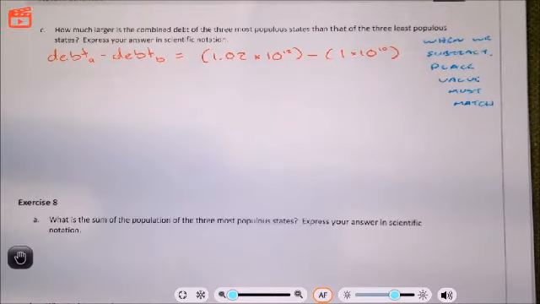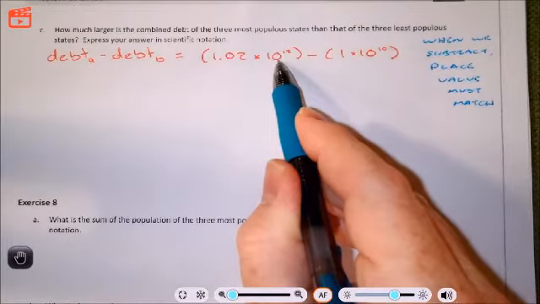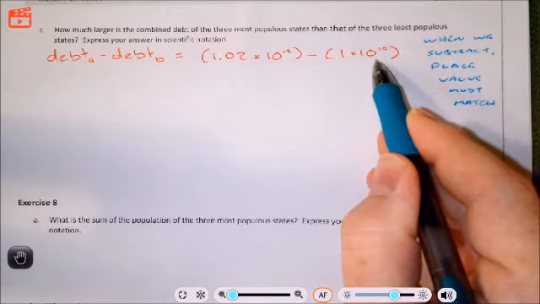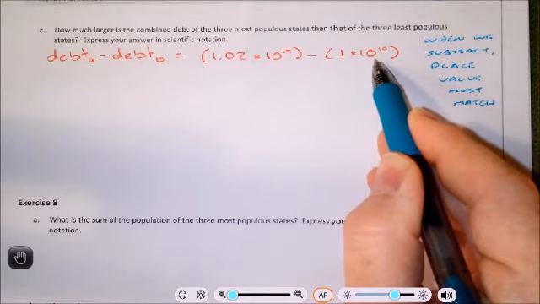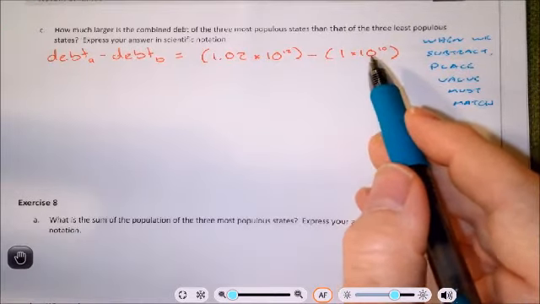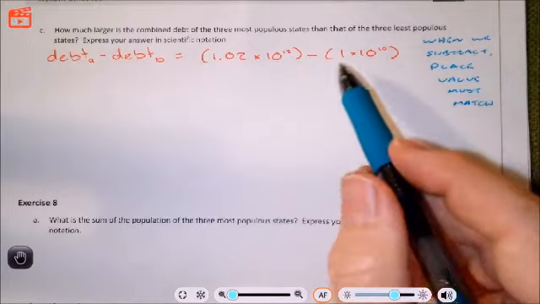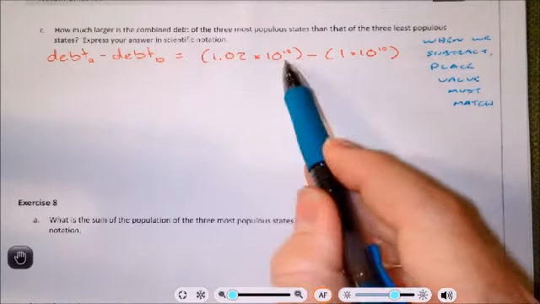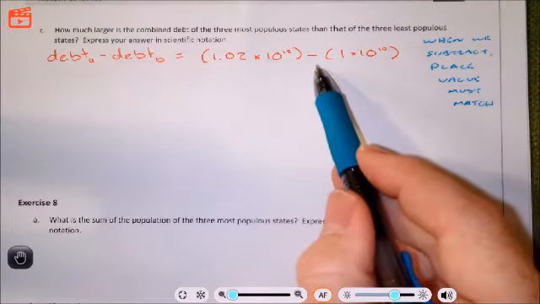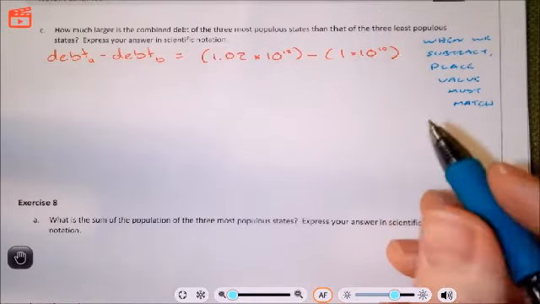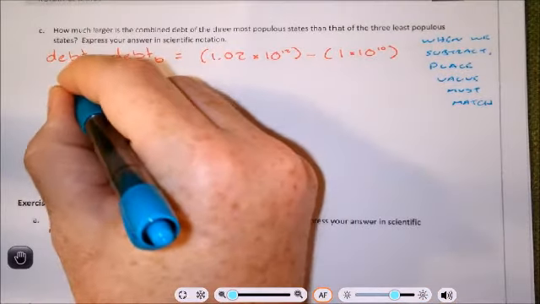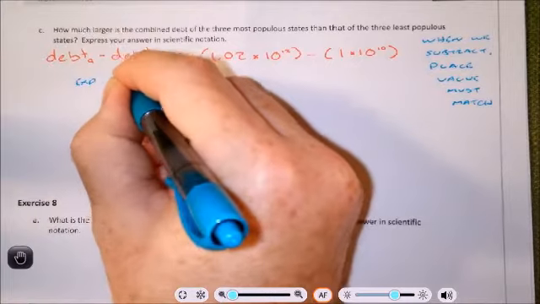You line up your place values. The place value has to match. This place value and this place value do not match. But you can make them match. You have to have the same exponent to do the subtraction. So we need to use our exponent rules to help the place values match.